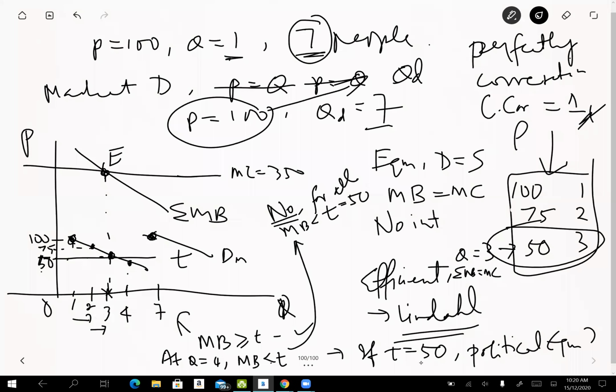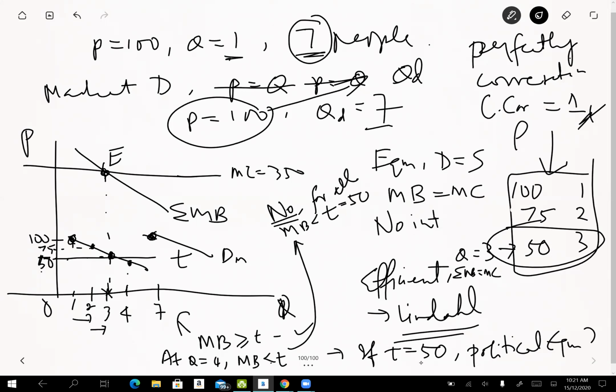All the voting results will be the same. They will be unanimous, because everybody has the same demand function. Everybody will be the median voter. So either all vote yes or all vote no.